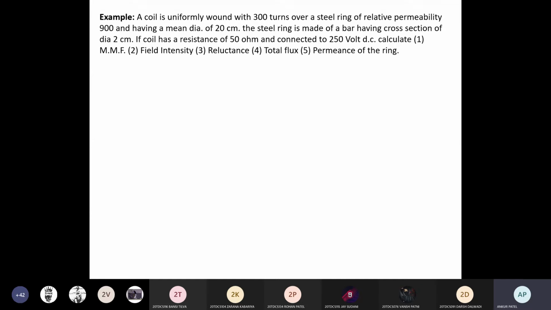Everyone getting this answer for length? Okay, now find field intensity, H is equal to MMF upon length, Ni by L. So 1500 by 0.628.